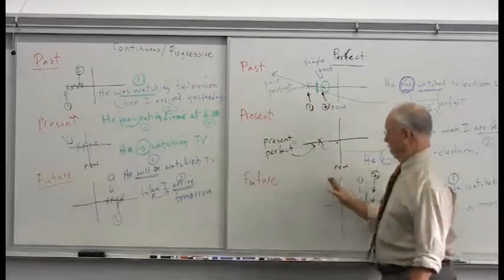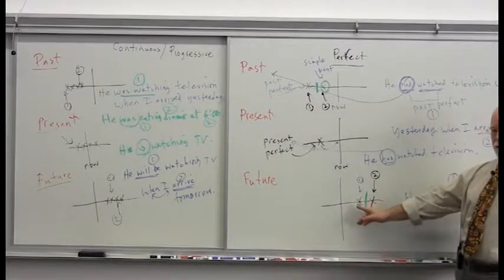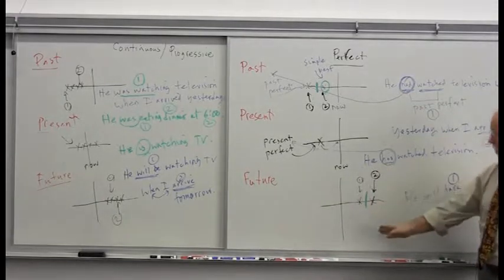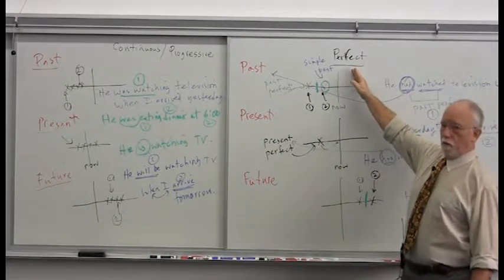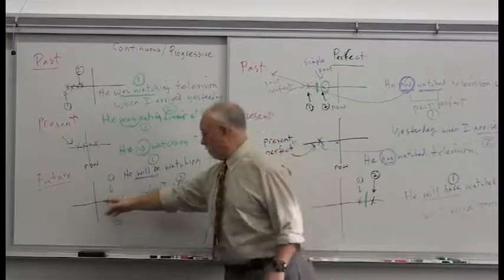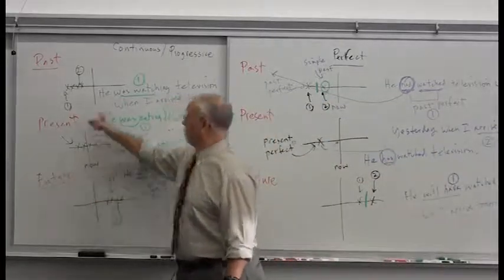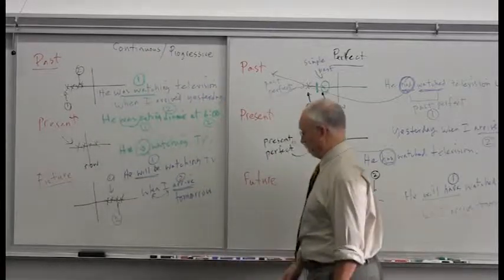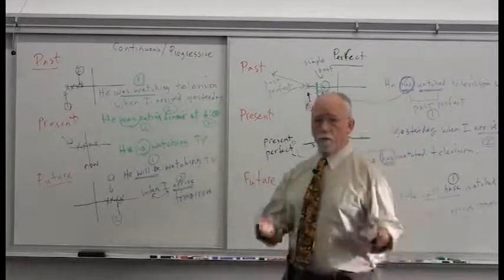And just like in this one, we have the first action, it's finished, and then the second action occurs. So if there's a gap in between, we'll use the future perfect. If there's no gap, then we're going to use the future continuous, or the future progressive, as it's also called. Piece of cake, right?